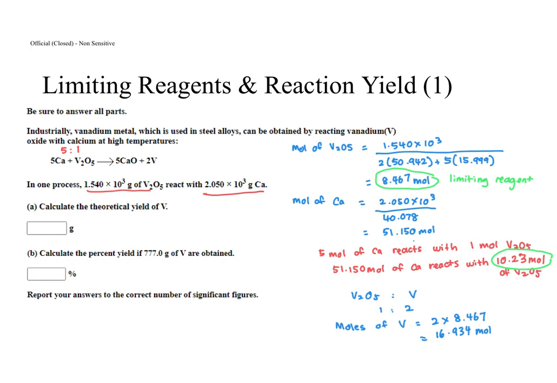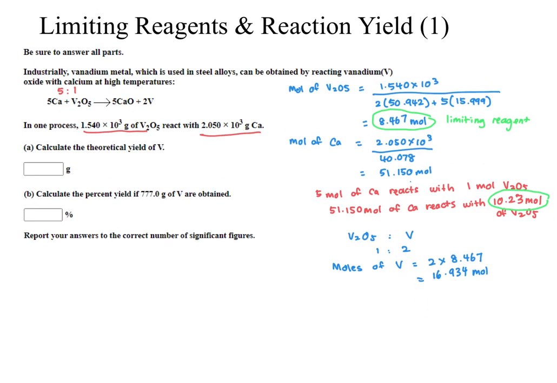So now that we have the number of moles, then we can find the mass of vanadium that should be produced. So the mass, or in other words, the theoretical yield, will be the number of moles times the atomic mass.